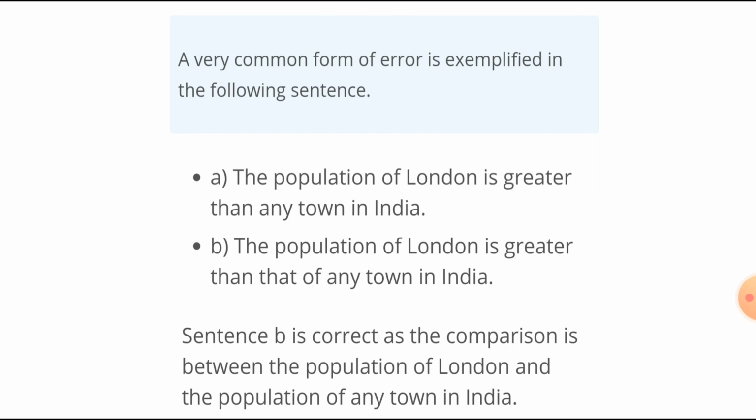But you can see that in the first sentence, on the one hand, we are taking the population of London, and on the other hand, we are taking the town of India.